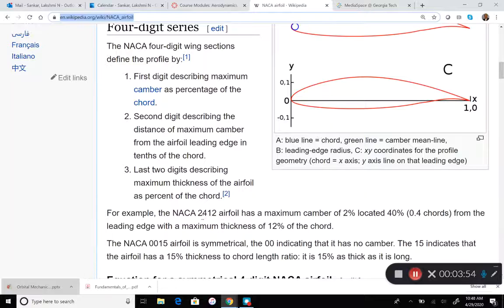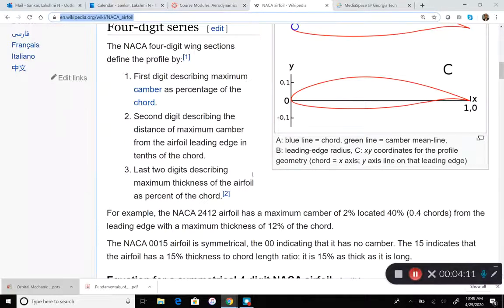The last 2 digits are the percentage thickness of the airfoil, the maximum thickness of the airfoil between the upper surface and lower surface as a fraction of the chord. So 12 means 12% thick, maximum thickness.